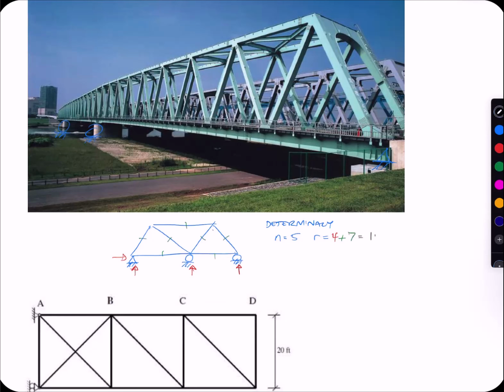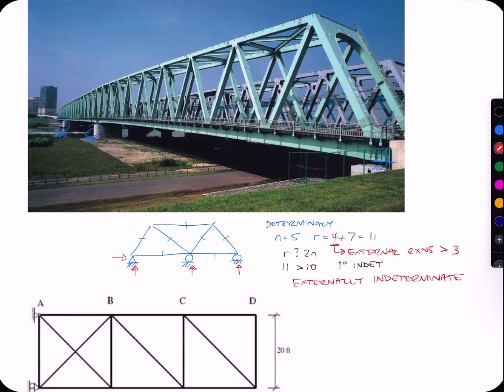So we get R compared to 2N. 11 is greater than 10. We are 1 degree indeterminate. And because we're seeing our external reactions as greater than 3, we are going to call this externally indeterminate.